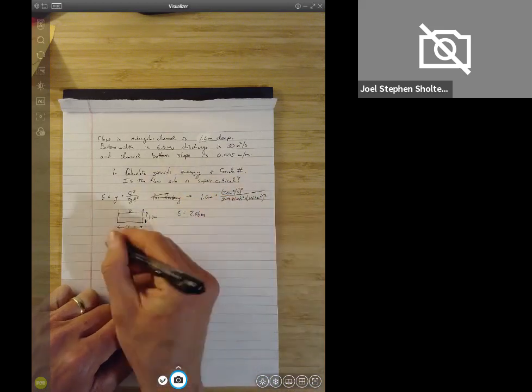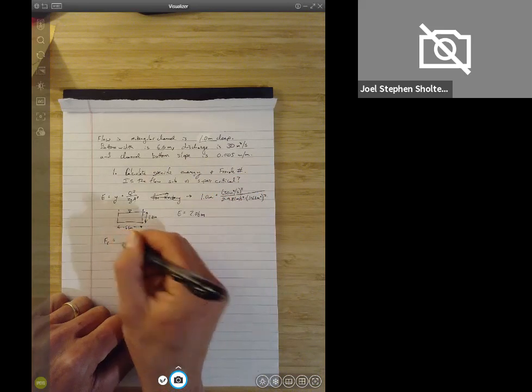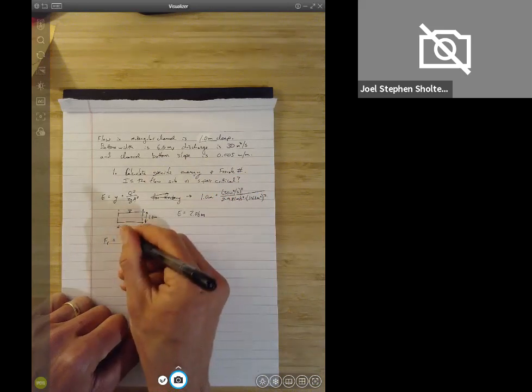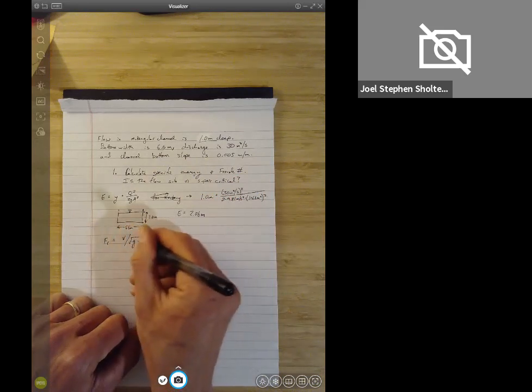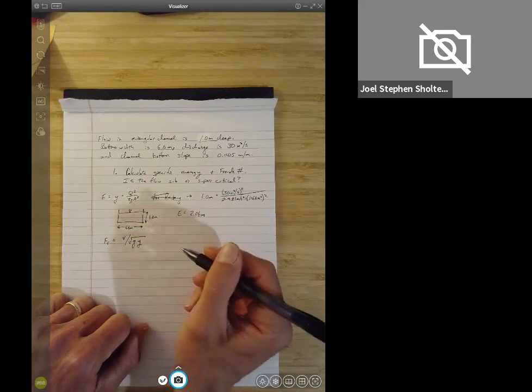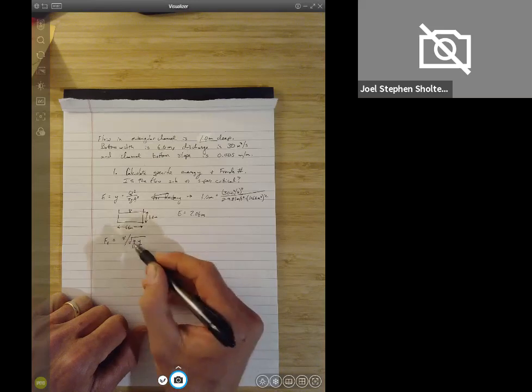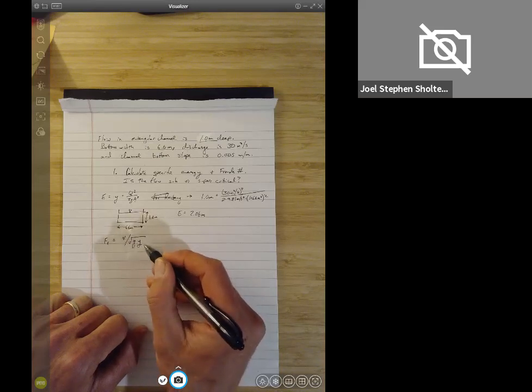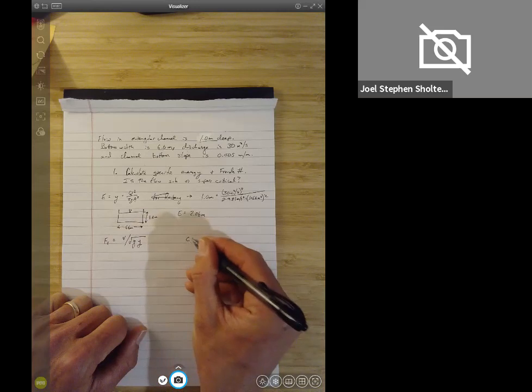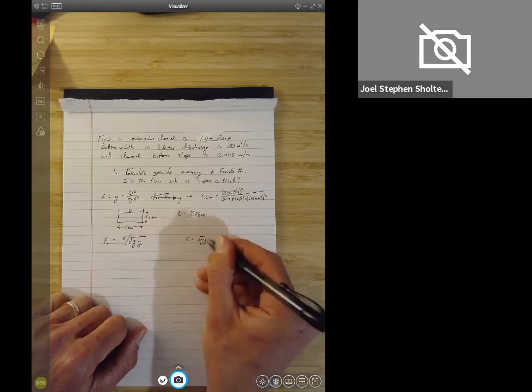All right, now our Froude number is equal to V over the square root of gY. And this is just the definition of the Froude number. It's the velocity of the flow divided by the celerity of the gravity wave. So celerity is equal to the square root of gy for a gravity wave.